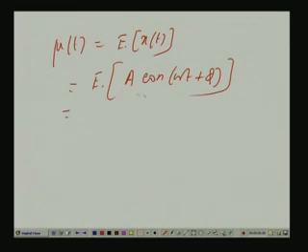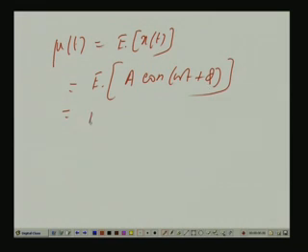So, actually you have to multiply this by the joint density of A and phi, and integrate, a double integral over the entire range of phi and entire range of A. But we are given that A and phi are statistically independent. So, the joint density is nothing but the product of the probability density of A and the probability density of phi.